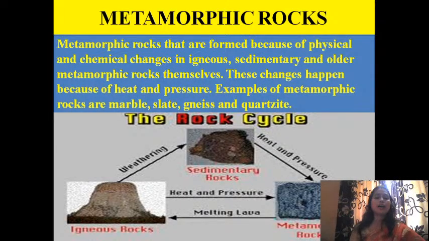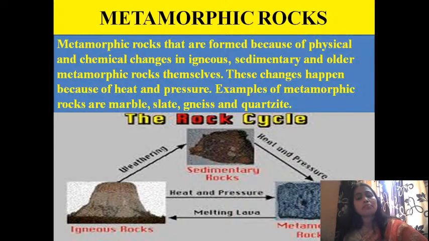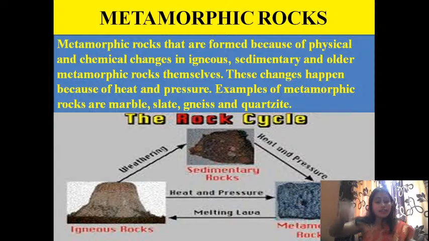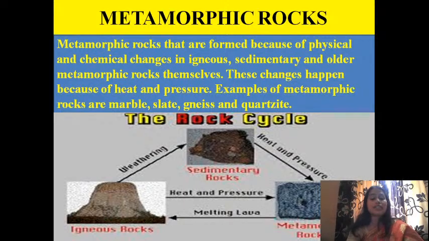First of all, metamorphic rocks are formed because of physical and chemical changes in igneous rock. You can see again I have shown this diagram on your screen. Metamorphic rocks are formed because of physical and chemical changes in igneous, sedimentary and older metamorphic rocks. Here you can see, right?